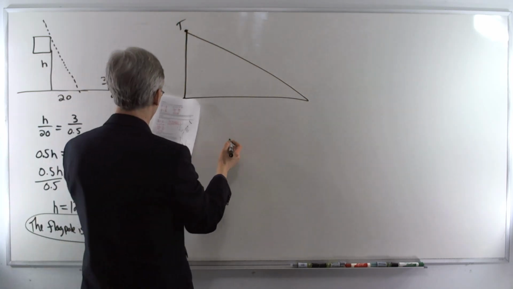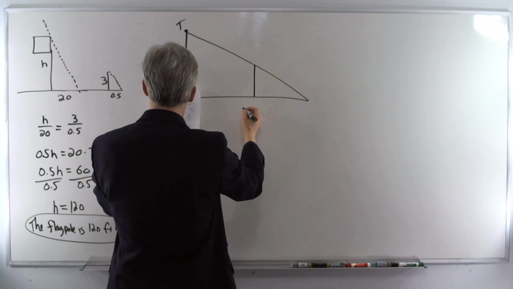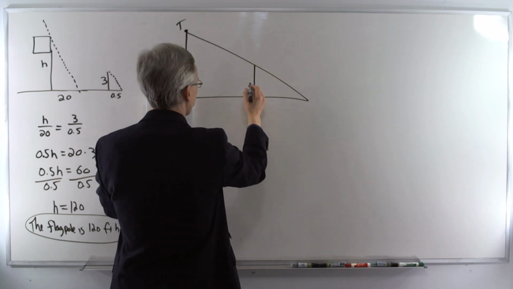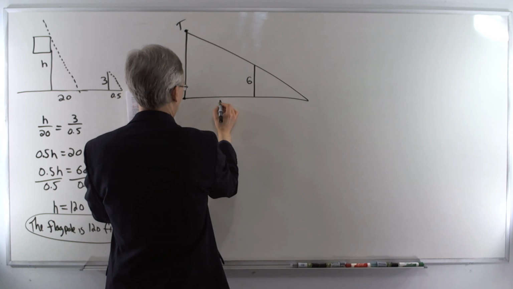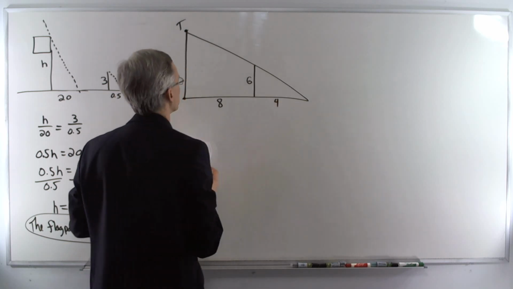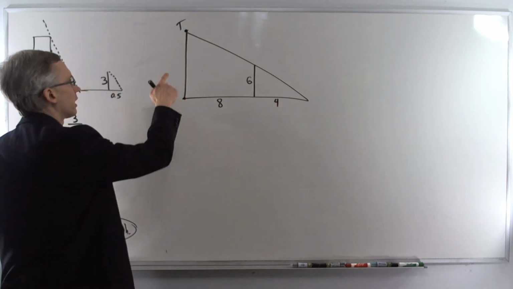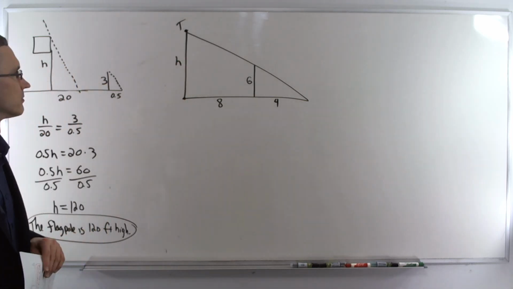And we also have some guy here who is 6 feet tall. He is 8 feet from the light, and his shadow is 4 feet. And we want to know how tall is the street light.